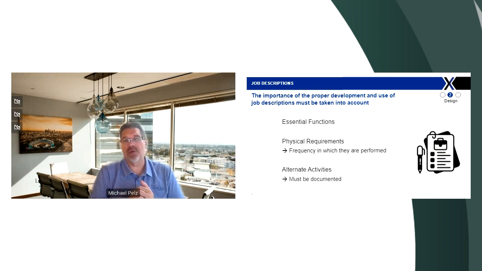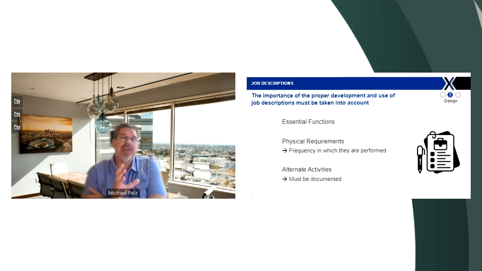Most companies work within the standard three of full duty, restricted duty, and time loss. But if you have a fully described job description that takes into account all the primary tasks as well as alternative activities, and a lot of people in their job descriptions have alternative activities, they may be a hole watch, they may be a spotter, there may be administrative functions.